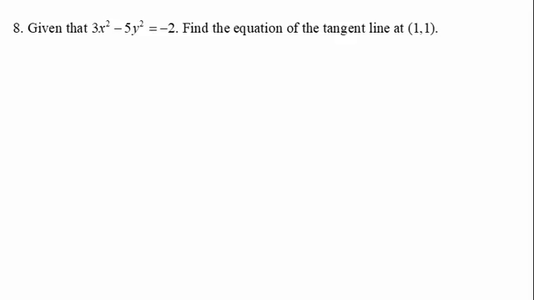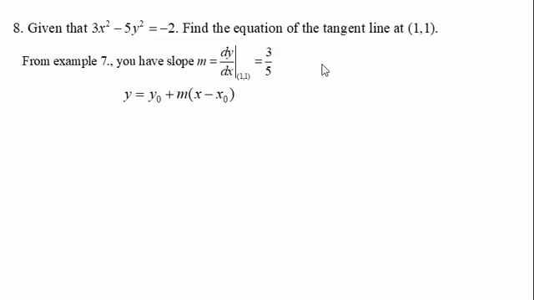So in this case we are taking the same function in implicit form, same representation, but we want to find the equation of tangent line at (1, 1). So collect the result from example 7, that you have dy/dx at (1, 1), which is the slope of the tangent line. We got 3 over 5. Now remember the equation of tangent line at the point (1, 1).